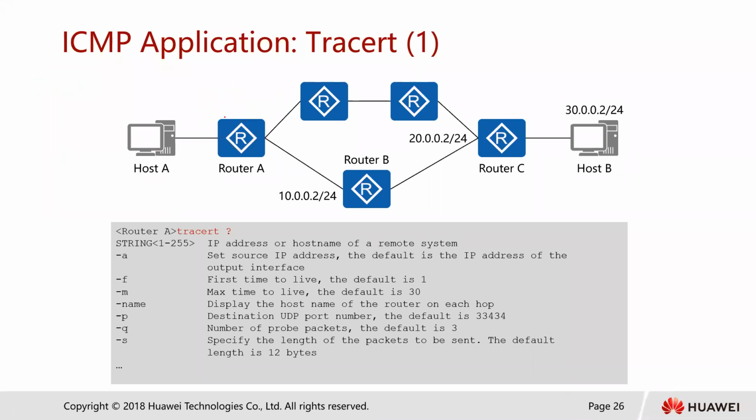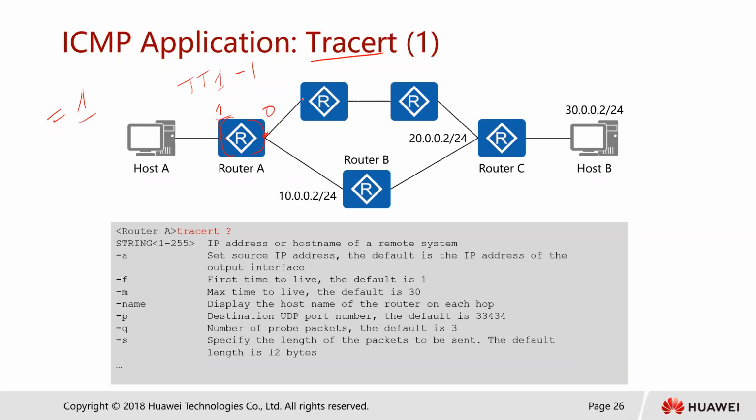So whenever a packet goes through a router, the time to live value is subtracted by 1. Here, when you're using traceroute, it sets the value of time to live equal to 1. When this router forwards the packet, it will be decremented by 1, which means it will be 0. So it will come into this interface when it is 1, and it will leave this interface when it is 0.